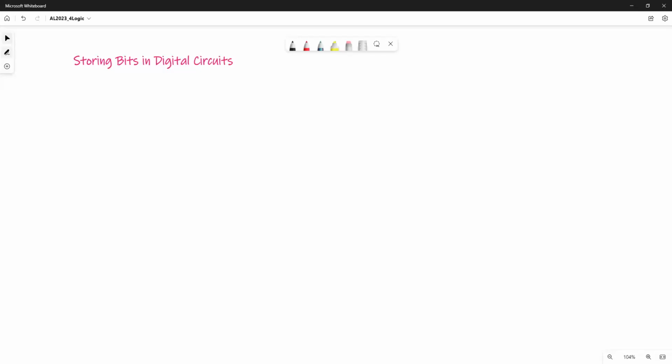So in this part, we will look at how we can store bits in digital circuits. Right? Now, what do you mean by storing bits? And for that, we are going to talk about what we call a feedback loop.